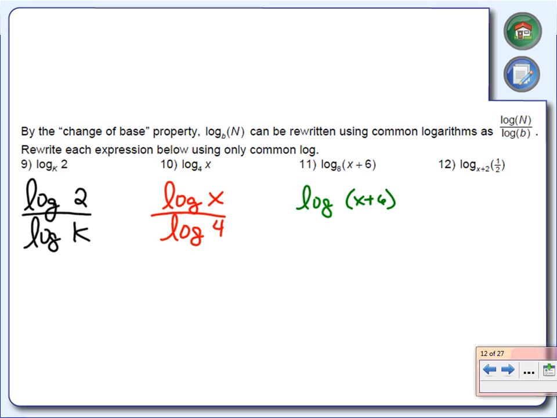And the denominator is going to be log of 8. And then the last one, the numerator is going to be log of 1/2. The denominator is going to be log of x plus 2. That's it. So on this one, we were just rewriting. Nothing to solve, just rewrite.